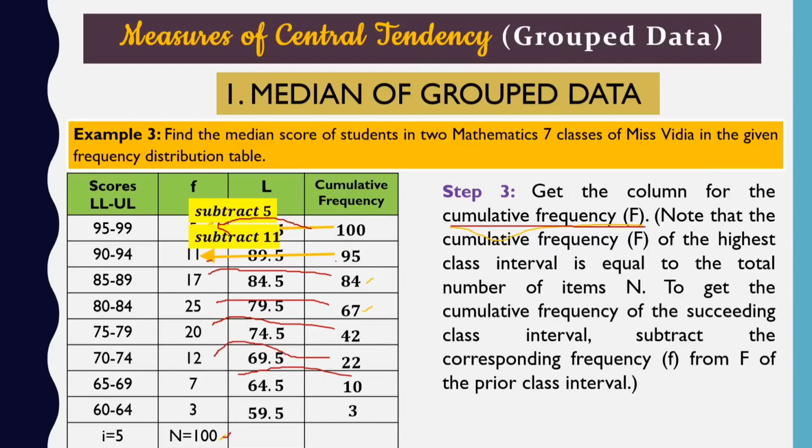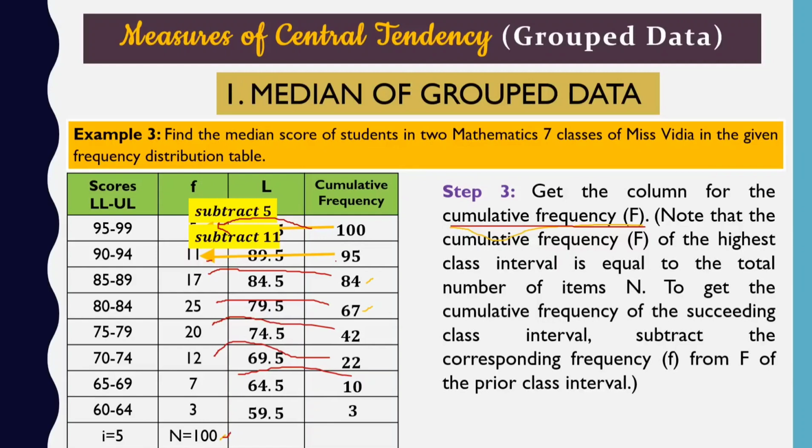You can observe that the value of the cumulative frequency in the lowest interval is the same as the frequency of the lowest interval. That will always be the case whenever you solve for the median of grouped data.